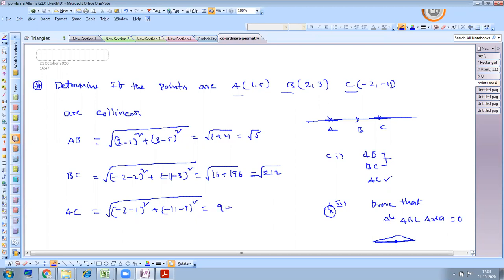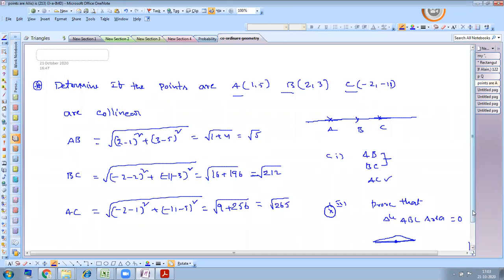This will be 9 plus 16 square, how much is that? 256. So 9 plus 256 is 265. This will be root of 265.